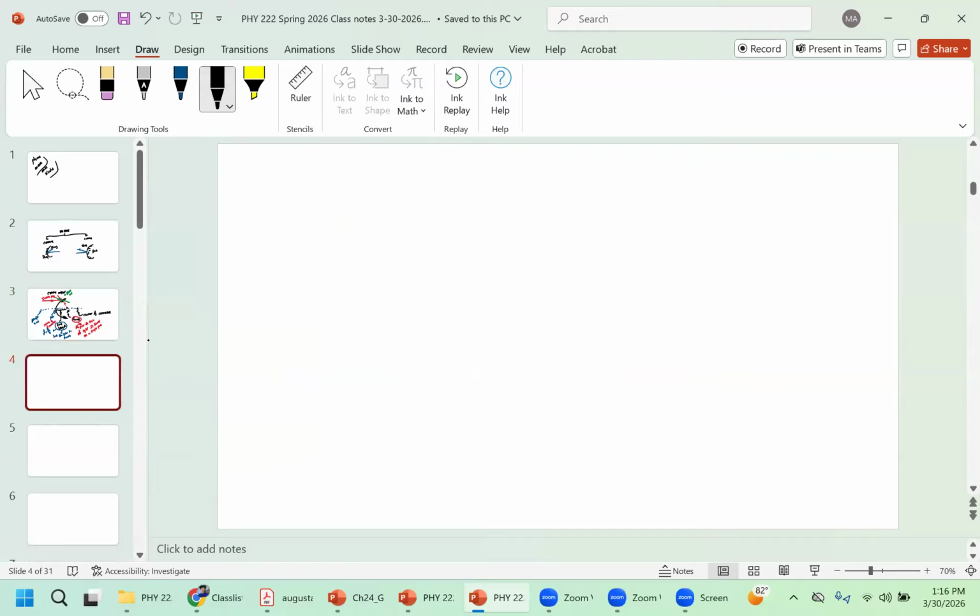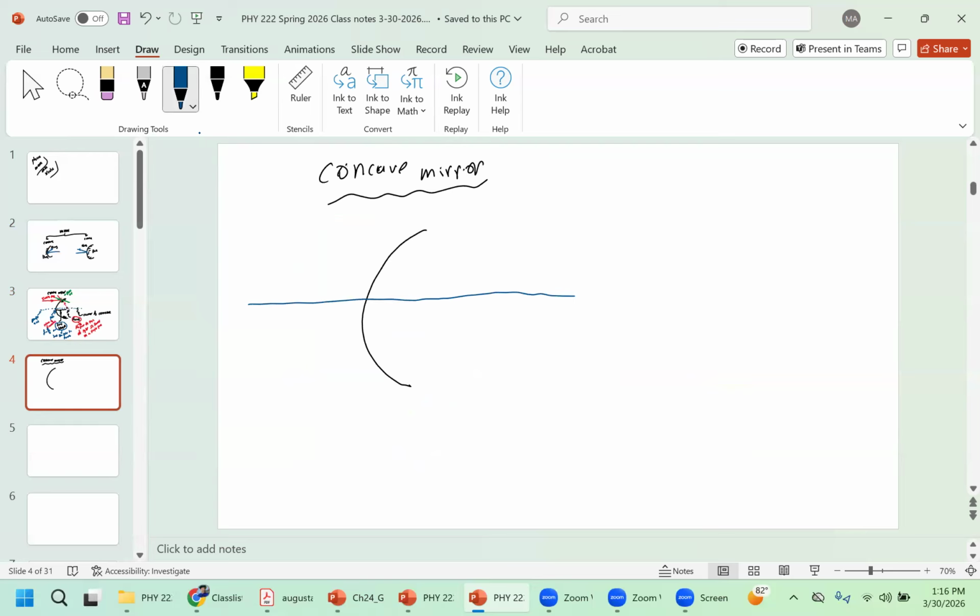So the first thing let me talk about is your concave mirror, a little bit. Here's your mirror. This is going to be the principal axis right over here. Again, this is going to be your concave mirror.